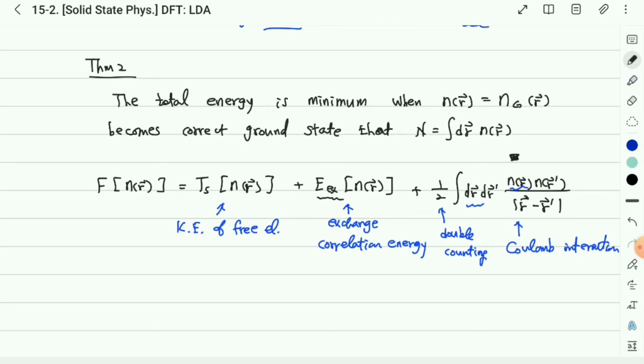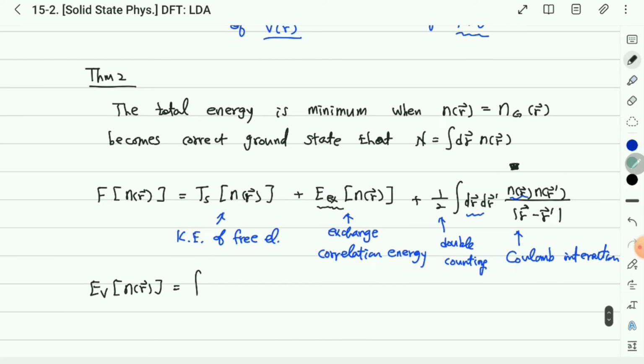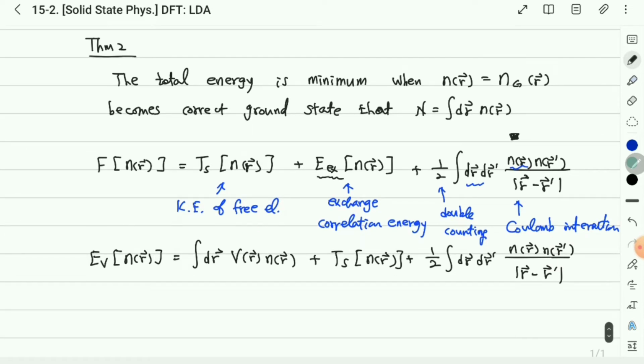Then the total energy E[n] is also a function of local density, and it is F_s plus the integral dr V(r) n(r), plus the Coulomb term, 1/2 integral dr dr' n(r) n(r')/|r minus r'|, and also plus exchange energy.